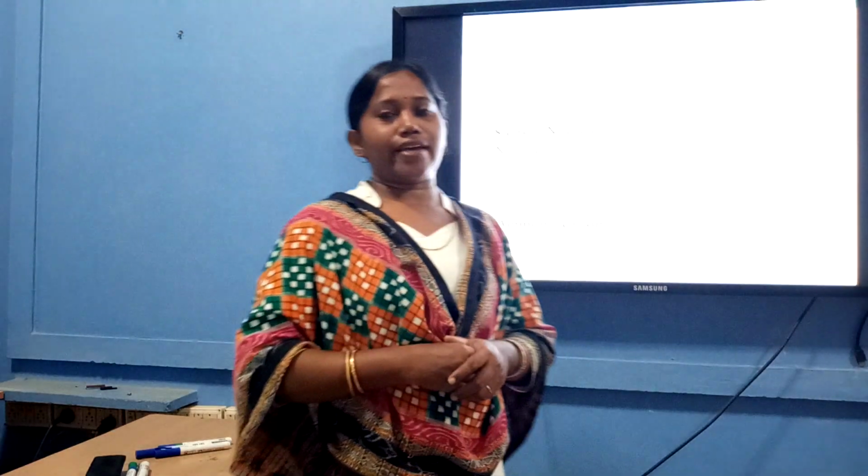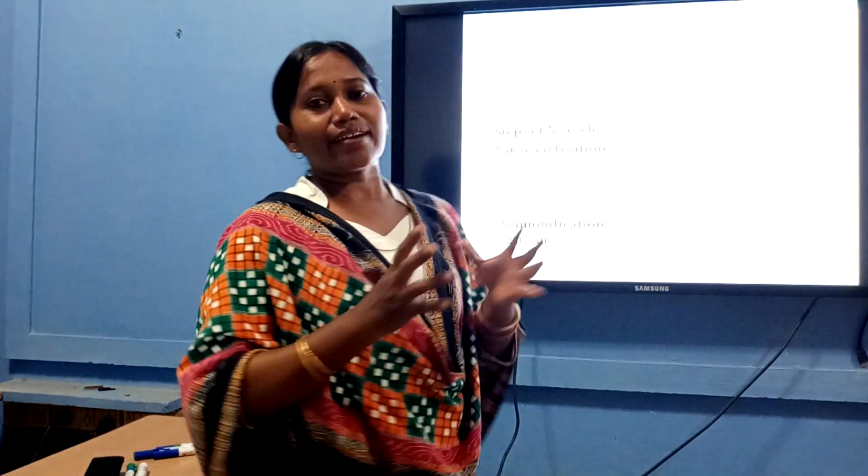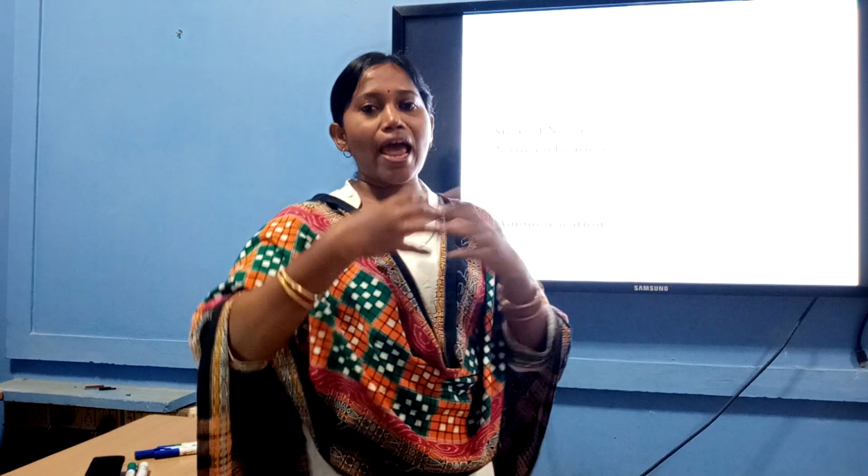Now the nitrogen cycle. The nitrogen cycle is the cyclic exchange of nitrogen between abiotic and biotic factors. The element nitrogen is very important because it forms various biologically important compounds like nucleic acids, vitamins, proteins, alkaloids and urea too.